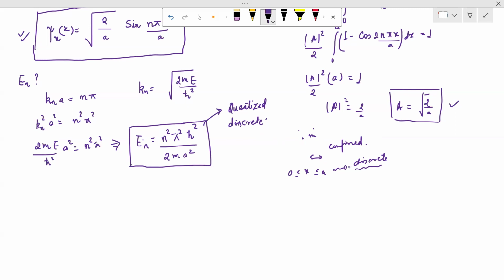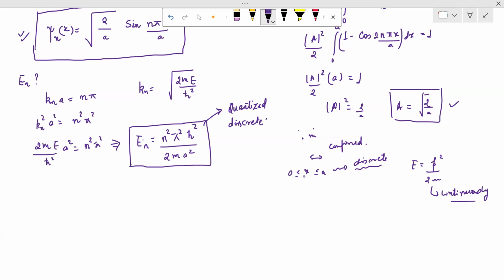However, in classical physics, energy is given by p square over 2m, and it can take any value. So here the classical energy would evolve continuously, which is in sharp contrast to quantum mechanics, where a particle confined in the region from 0 to a will only be permitted certain energy values.